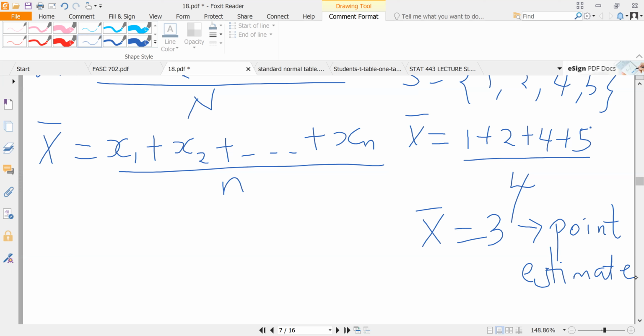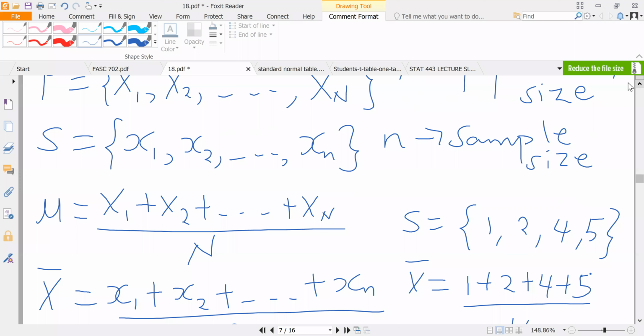Now, that brings us to the point where we need to clearly distinguish. An estimator is a function of your characteristic. So for instance, in this particular case, we have a population from which we are drawing a sample, and you can see that our estimator X bar is defined as a function of the observations that you got from your population.